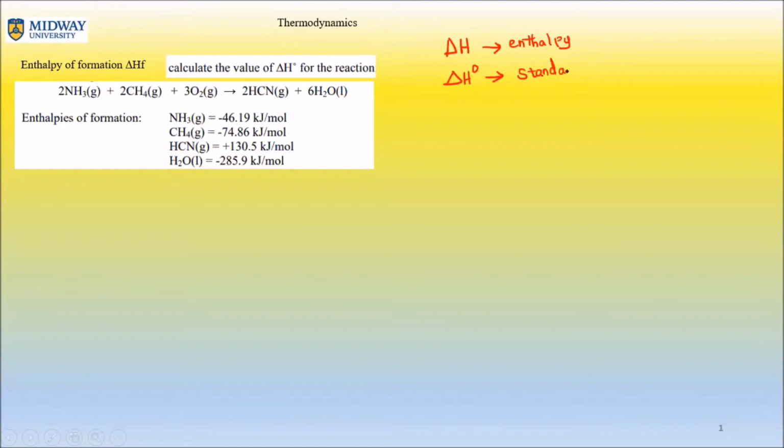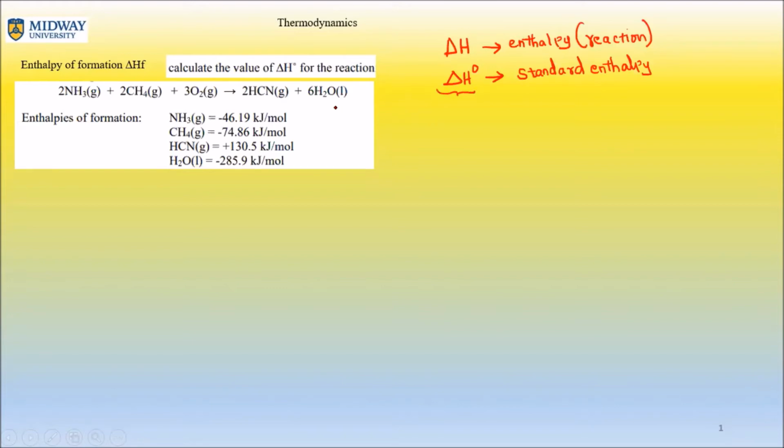I don't want to get into it all that much, but standard enthalpy, or some people call it standard enthalpy of formation. Just so you know, there's a difference between delta H and delta H0. Delta H is for the entire reaction, but each individual component of that reaction could have its own standard enthalpy, right?